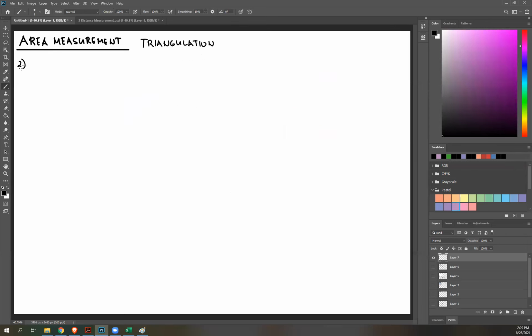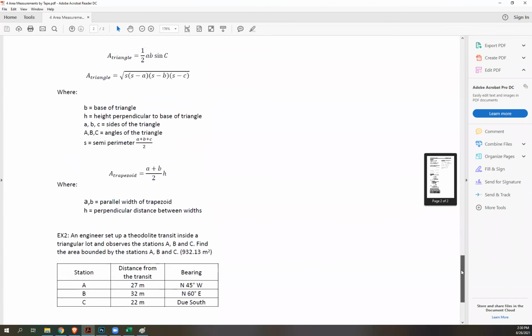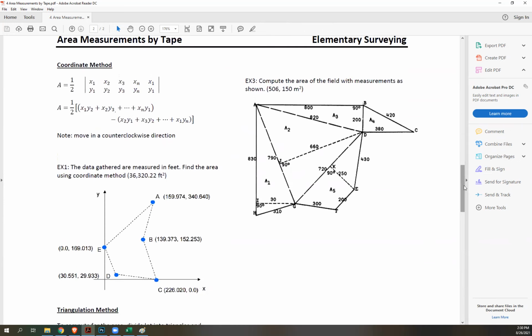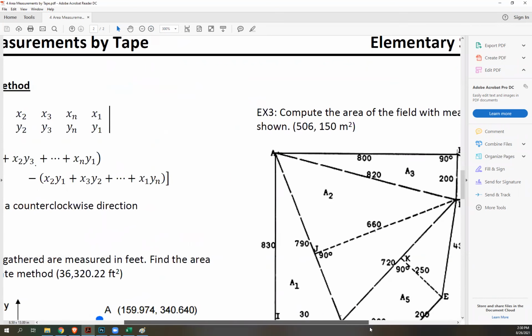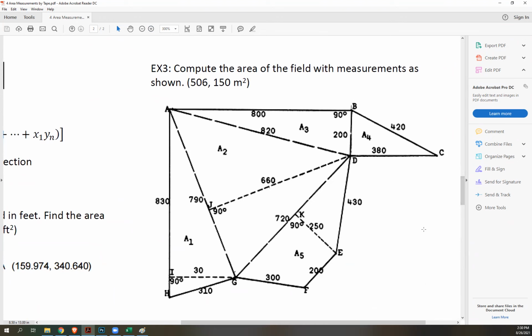Number 2. Okay, compute the area of the field measurements as shown. So we're just given that and we gotta get the area. So let me just take a screenshot so I can copy that.